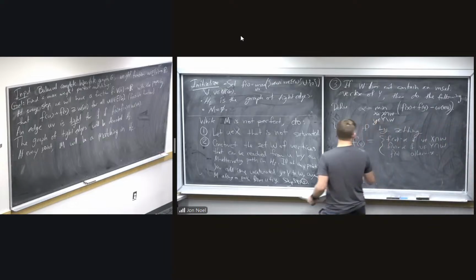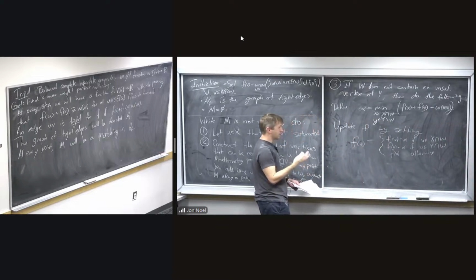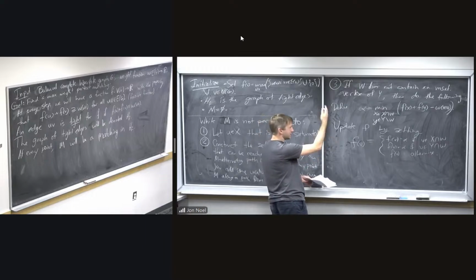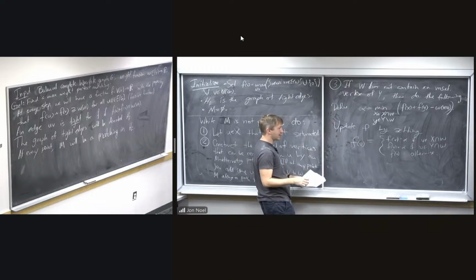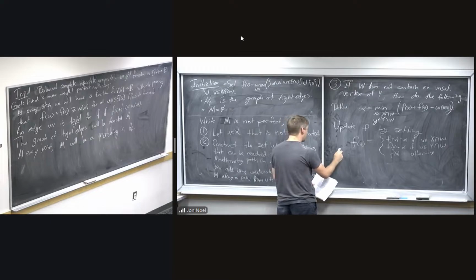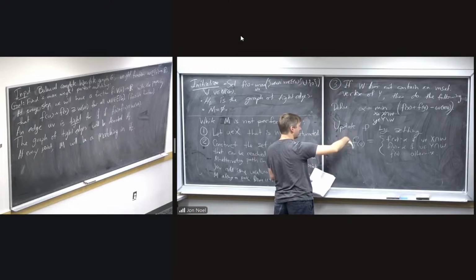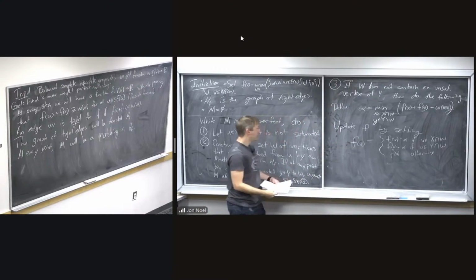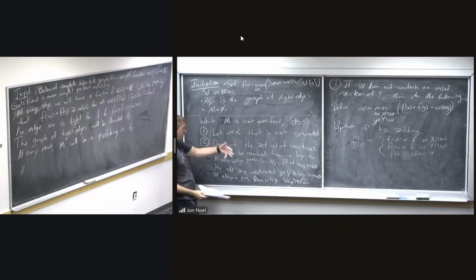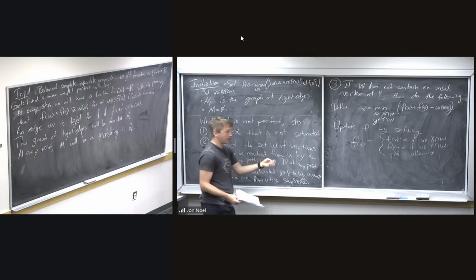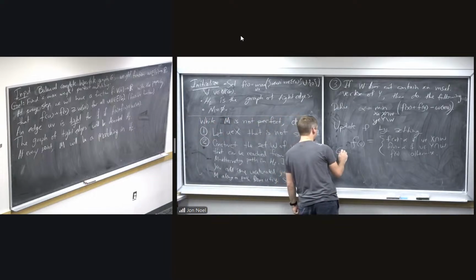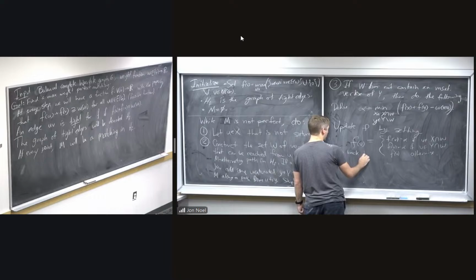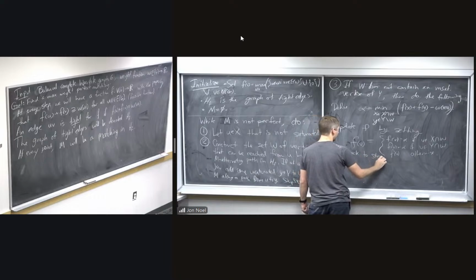Okay, so maybe I'll just keep writing this. I'm almost done explaining the algorithm, and then we'll analyze it in a second. And then at the end of this, once I've done this update to the function f, instead of going to the next step, I'm going to go back to step 2. And I'm going to keep trying to build this set W and keep trying to reach an unsaturated vertex of Y. So go back to step 2.